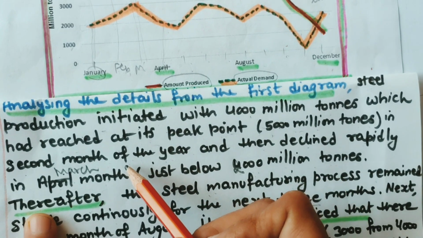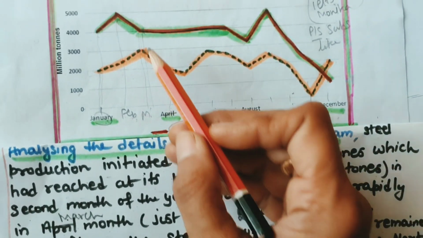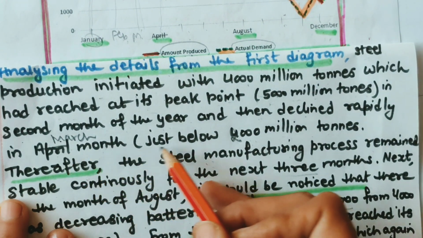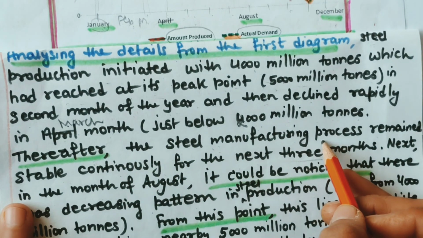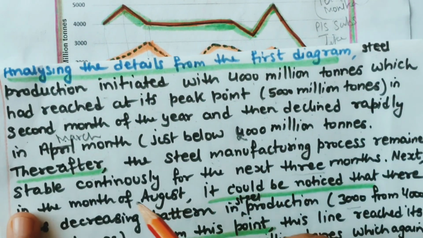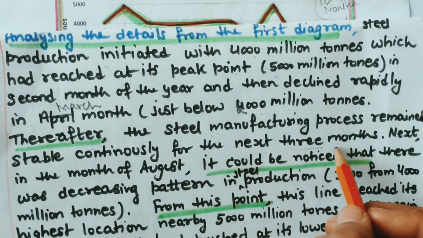Why? Because I was not sure about the spelling of February. Then it declined rapidly in March, to just below 2,000 million tons. Okay, full stop. Thereafter, the steel manufacturing process remained stable. See this, stable. It remained stable continuously for the next 3 months.